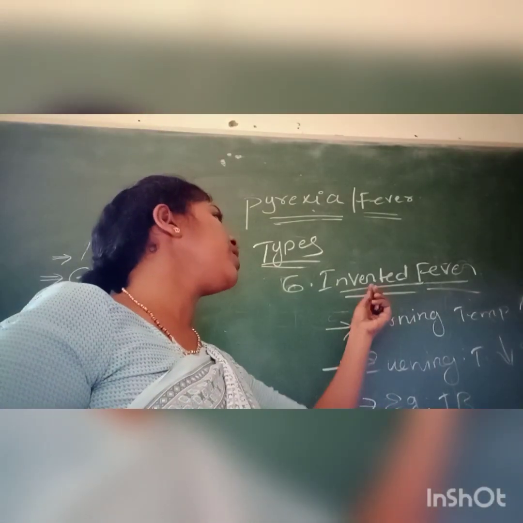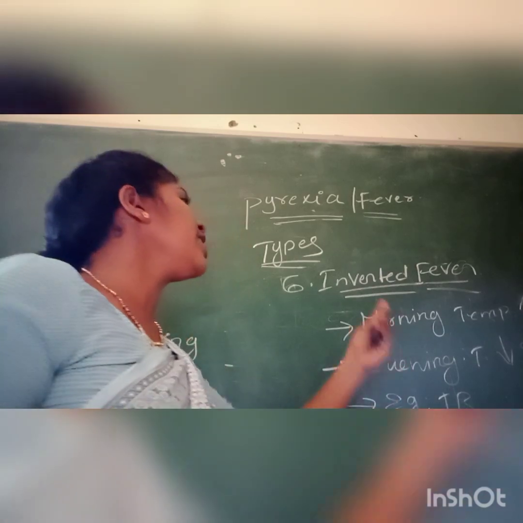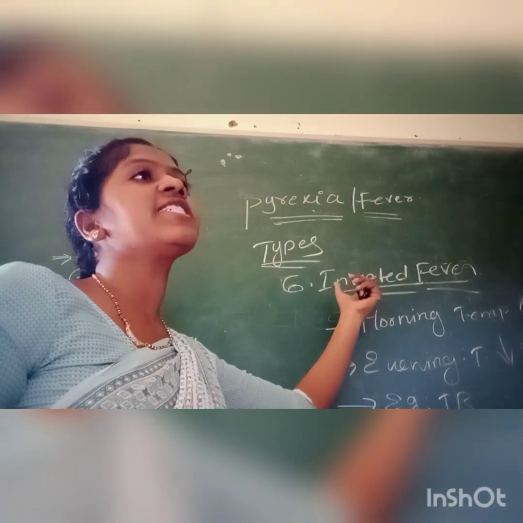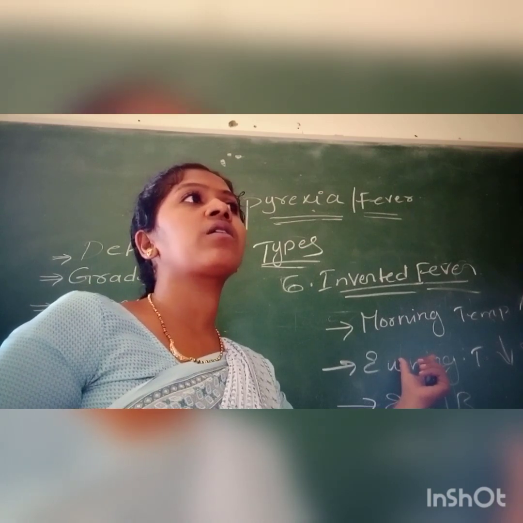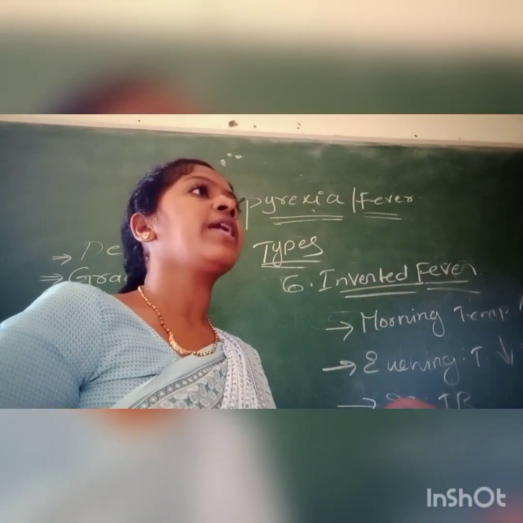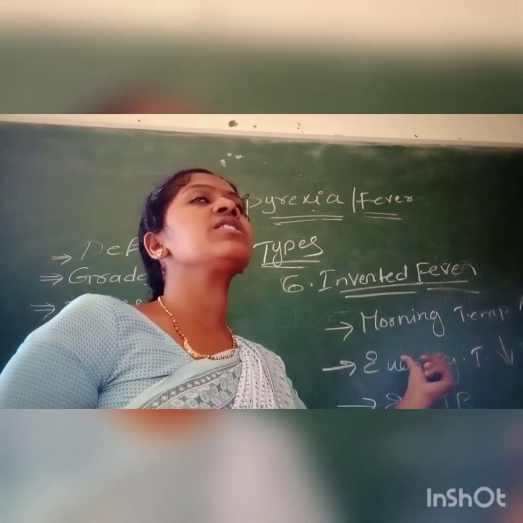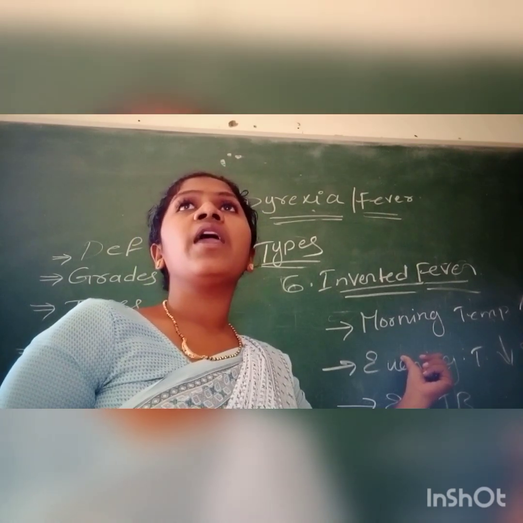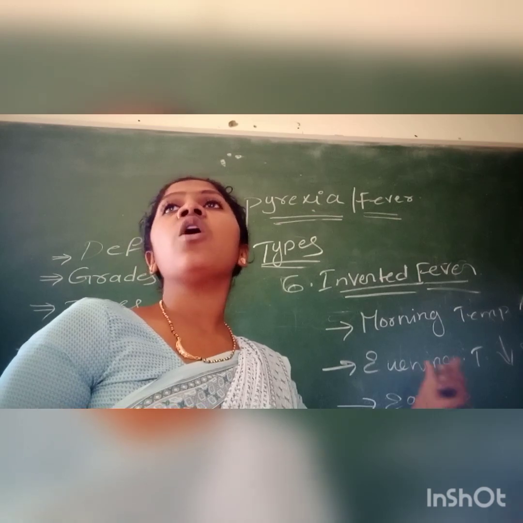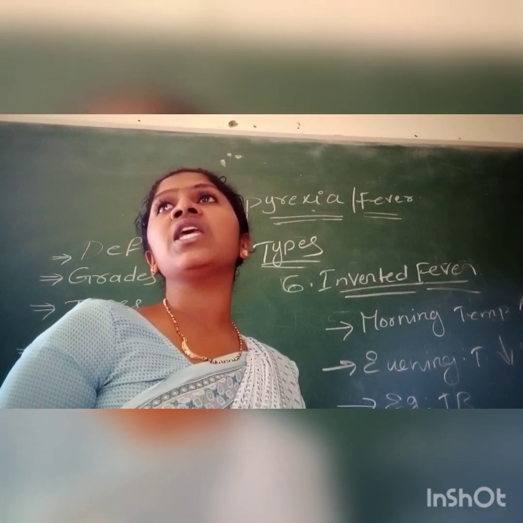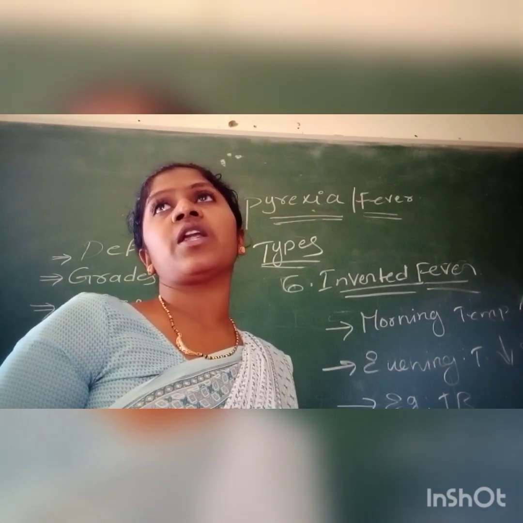Next type is inverted fever. In the inverted fever, the name itself is saying it is the reverse. The morning temperature is completely reverse to the evening temperature. Temperature rises in the morning and in the evening it falls to the normal range. Such type of fever we can see in tuberculosis patients.